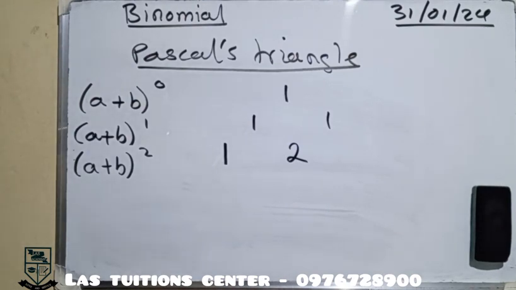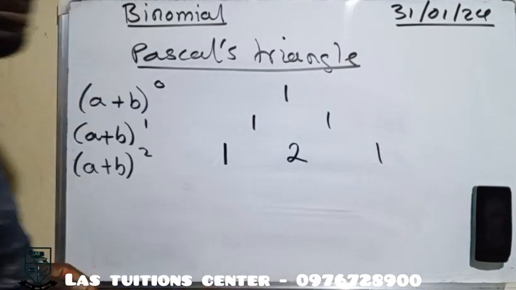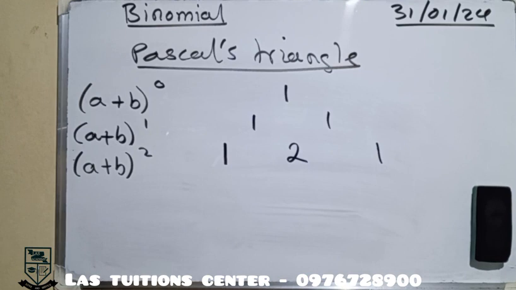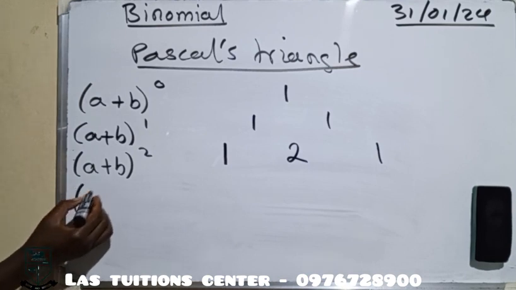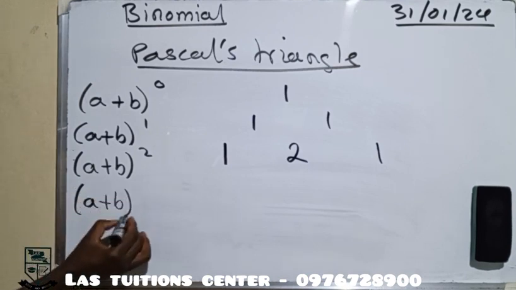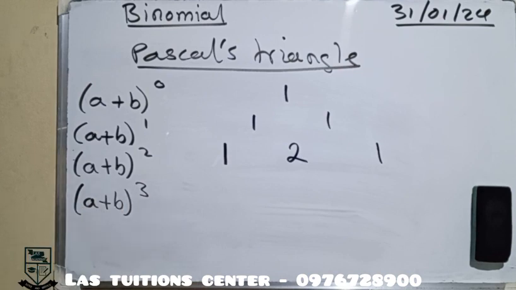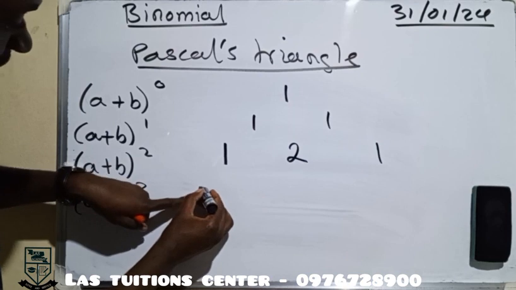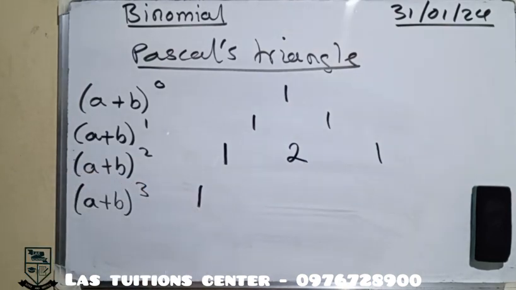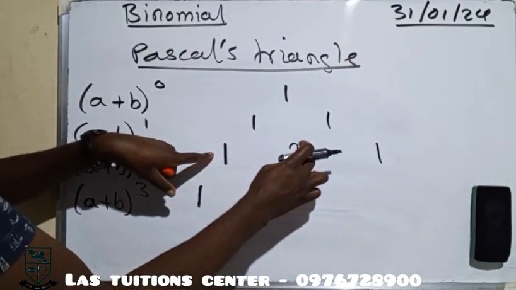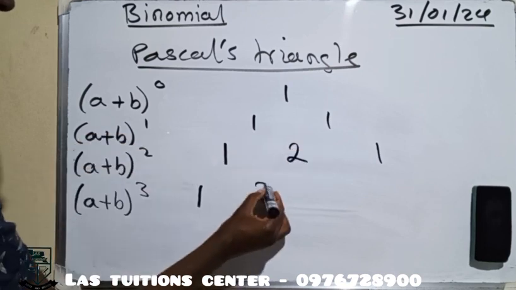Then at the end, again, you put a 1. So for the power 3, we always start with a 1. Then we add this 1 plus this 2 to get a 3 here.